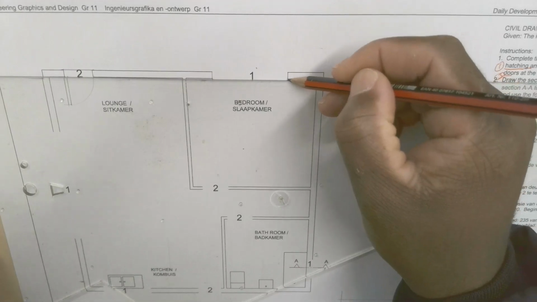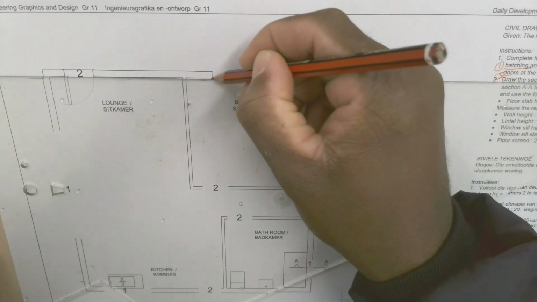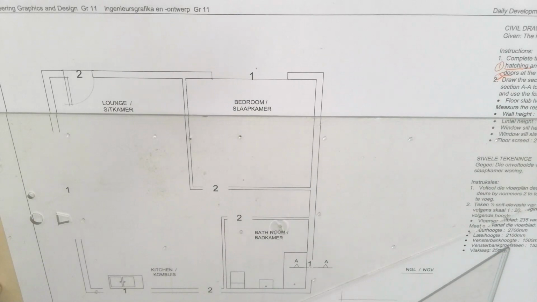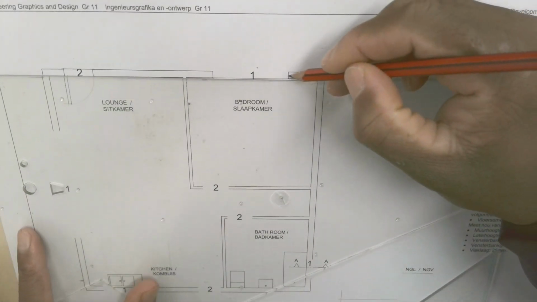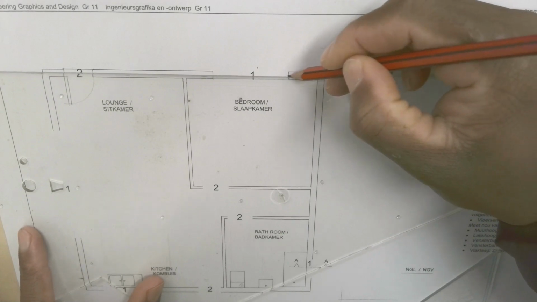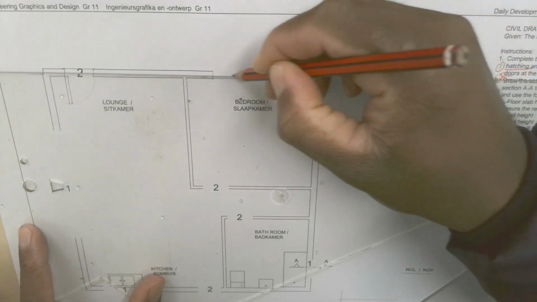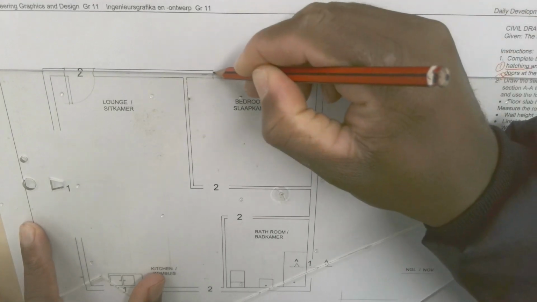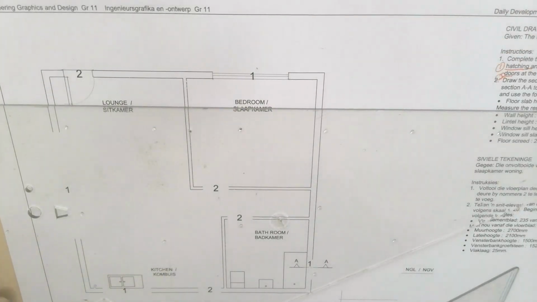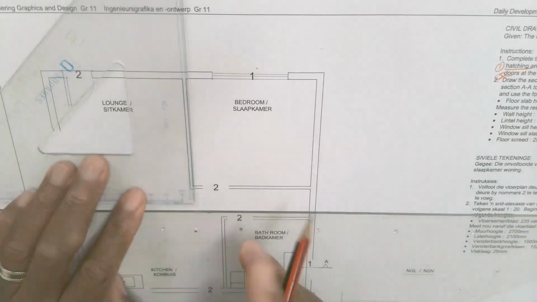On the inside, we join the walls. Right? Now, 2 lines between the walls is for the window frame. 1, 2. Those 2 lines must be drawn at the center.